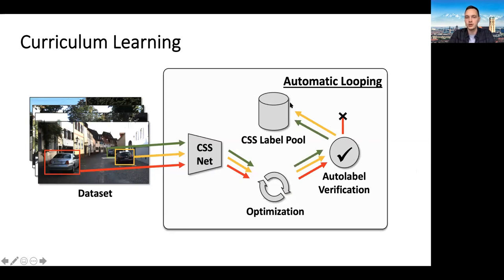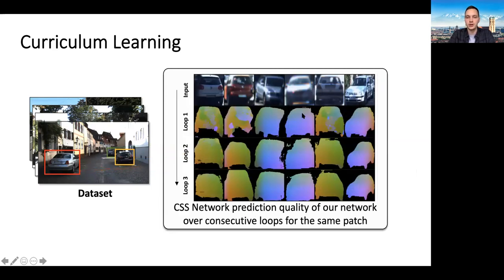Using this procedure, you can fill the labels to the label pool and use this estimation from the real dataset to tune the network or retrain the network to get better and better NOCS estimates than before. And if you have better NOCS estimates, you're gonna get a better pose and shape, essentially.